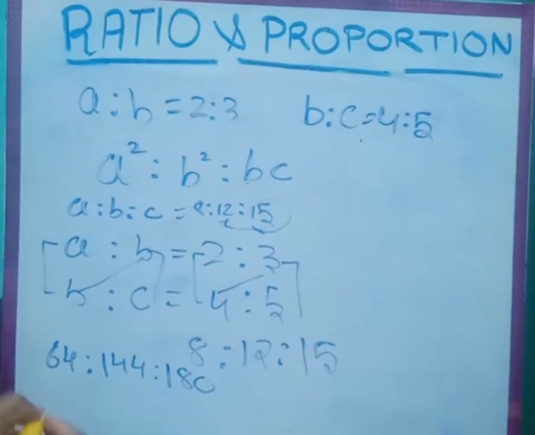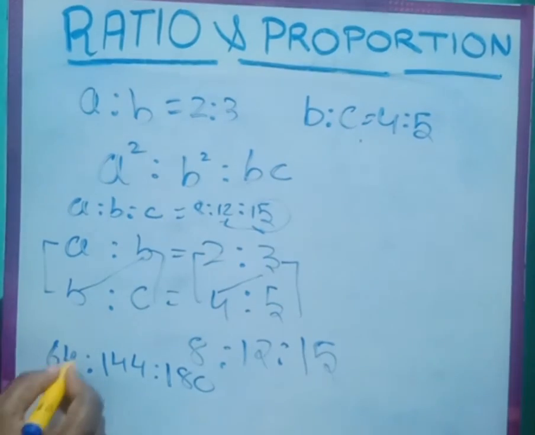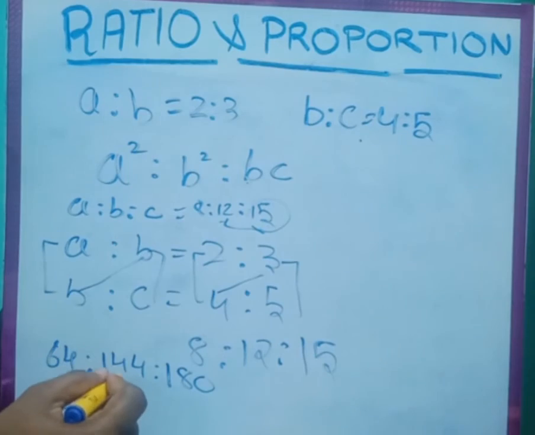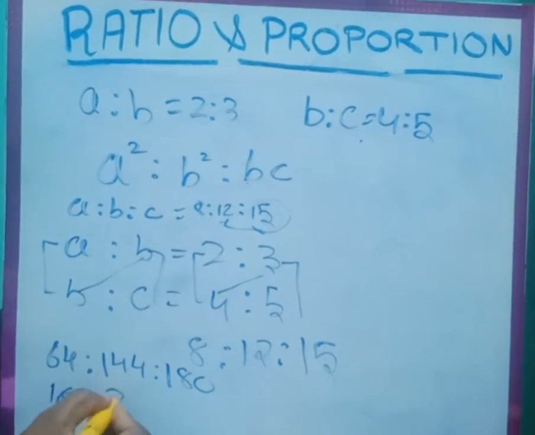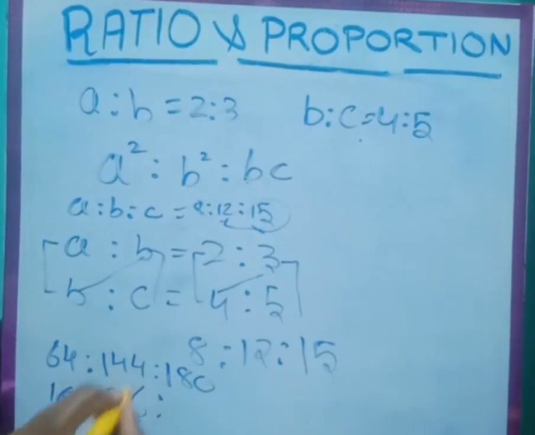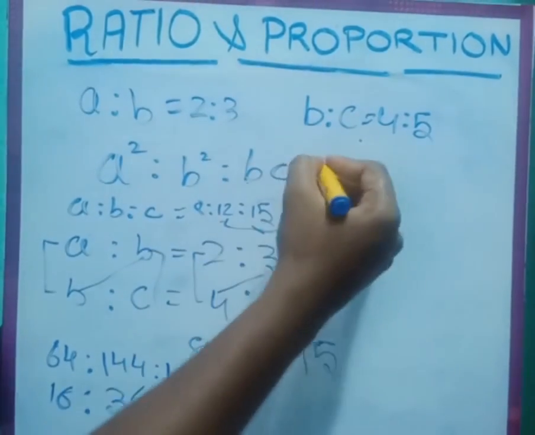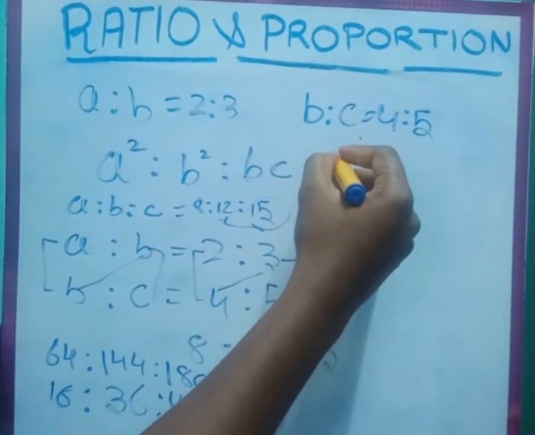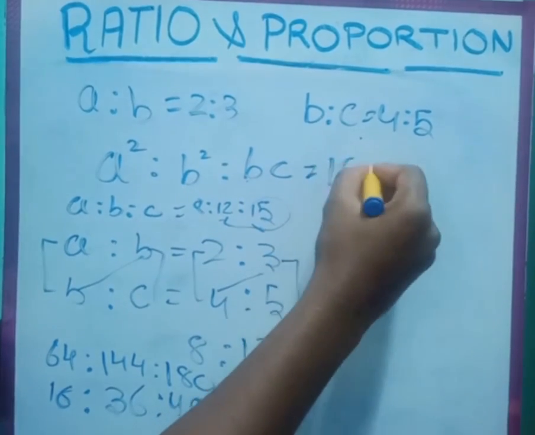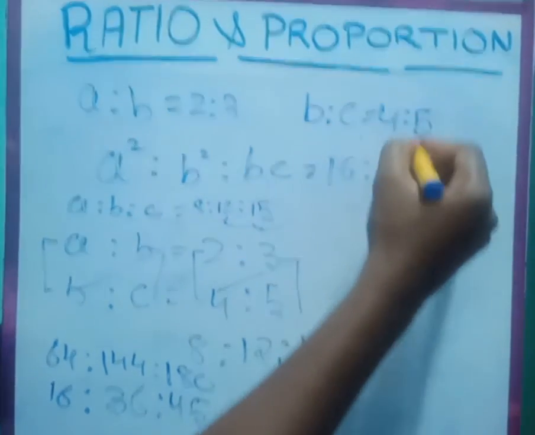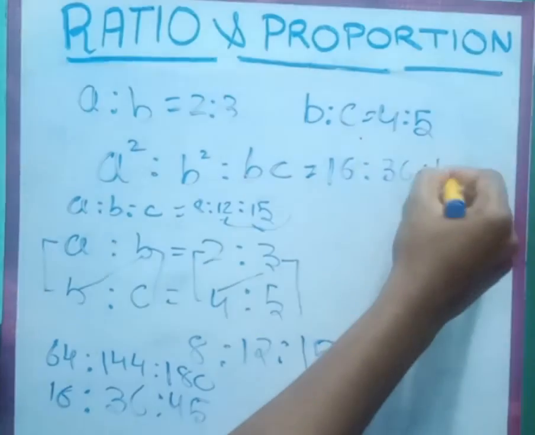Now, further, if we simplify this, which table can we take as common? I think we can cut this with the 4 table. 4 16s are 64, 4 36s are 144, and 4 45s are 180. So the value of A square is to B square is to BC is 16 is to 36 is to 45.